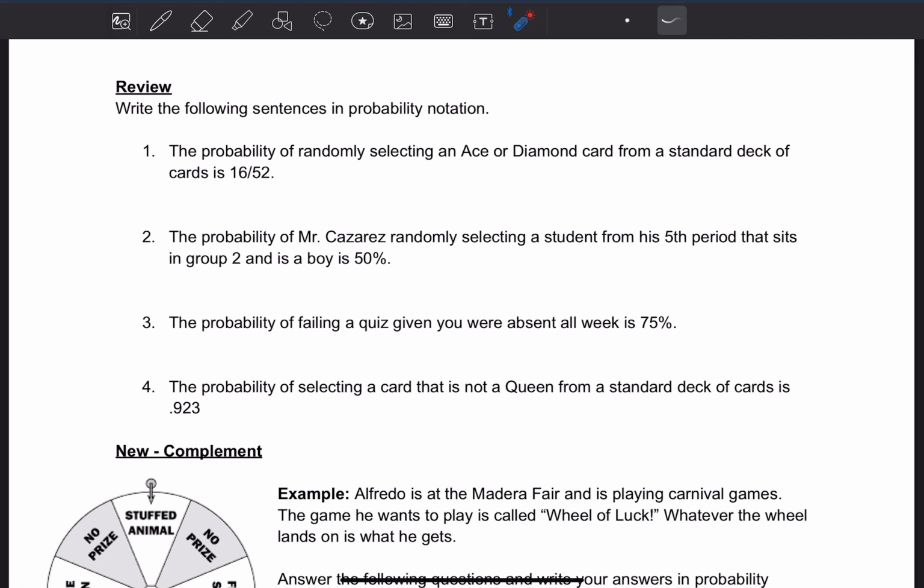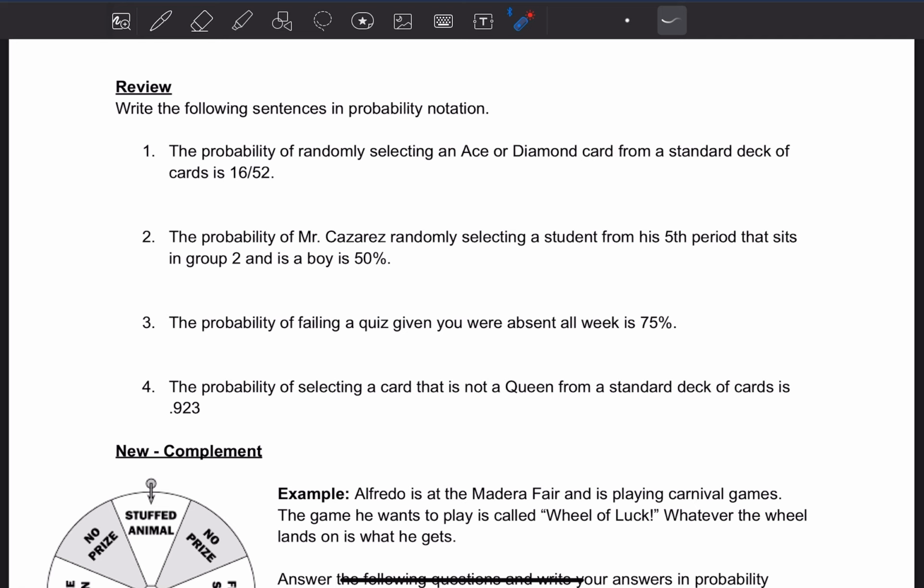Number 1, the probability of randomly selecting an ace or diamond card from a deck of 52 cards is 16 out of 52. Just in case you didn't know, a standard deck has 52 cards. The first thing you need to ask yourself is, what is the outcome? Is there more than one outcome? What are we hoping happens here?